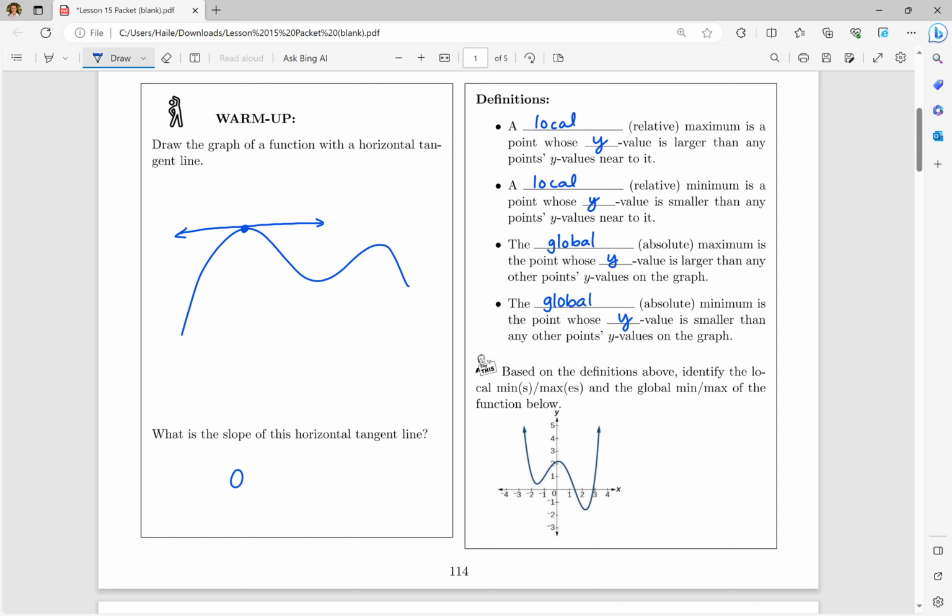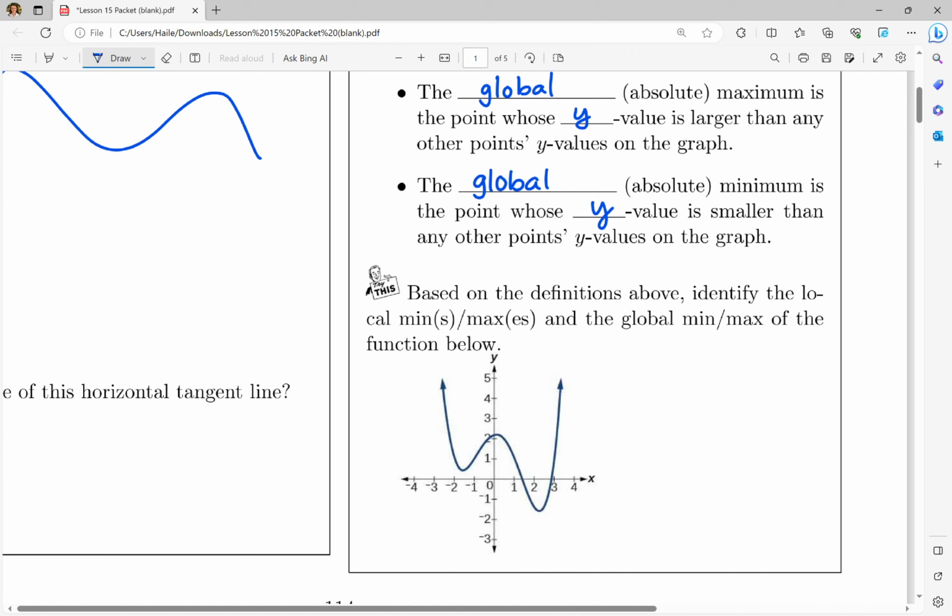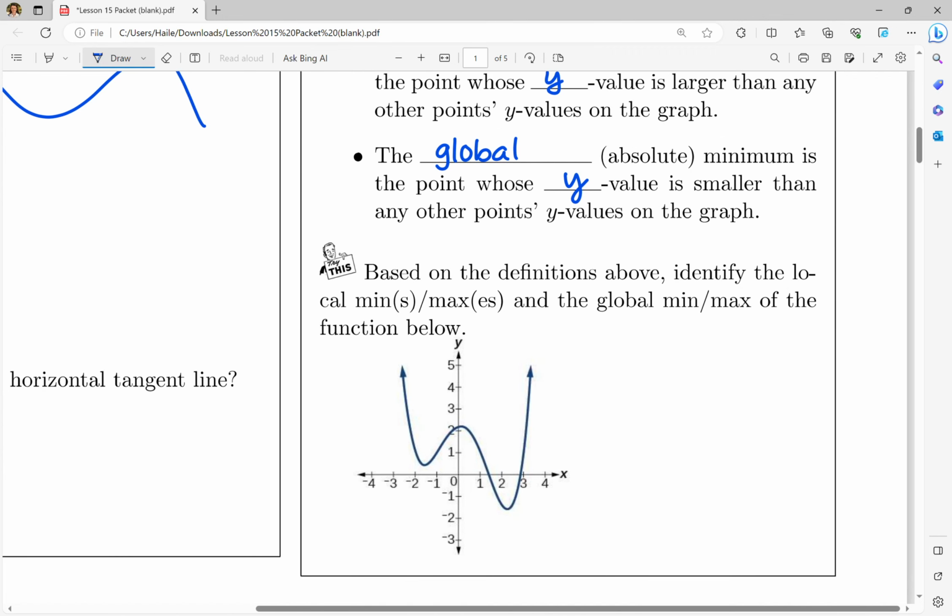So if I'm looking for local, I'm looking for points so that points around it are smaller or bigger than that point. So for example, if I look at the point here and here, those 2 points, so maybe I call them A and B, A and B are local mins.